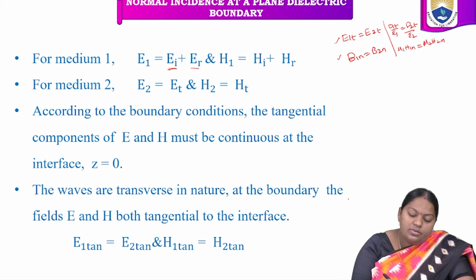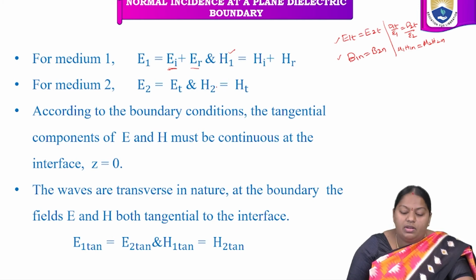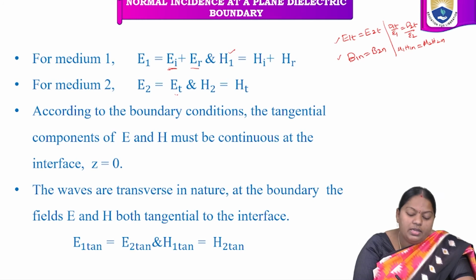Similarly, the magnetic field intensity which exists in medium 1 is given by H1 equal to Hi plus Hr. So for medium 1 we write E1 equal to Ei plus Er and H1 equal to Hi plus Hr. And for medium 2, E2 equal to Et and H2 equal to Ht only.